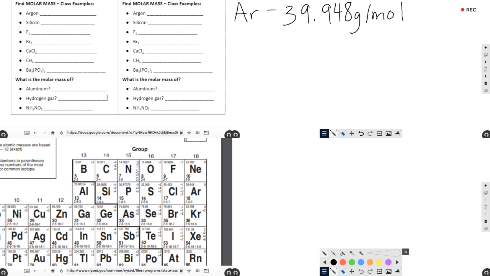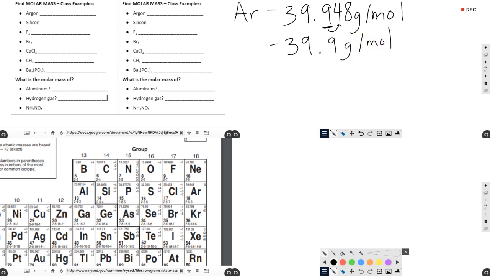I could, though, round it, and what is appropriate is to round it to the tenths place. If you want to round it to hundredths, that just means more numbers, okay? Totally fine. But what am I going to round this to? Well, look at the next digit. That's a 4. So it's going to be, for argon, 39.9 grams per mole.